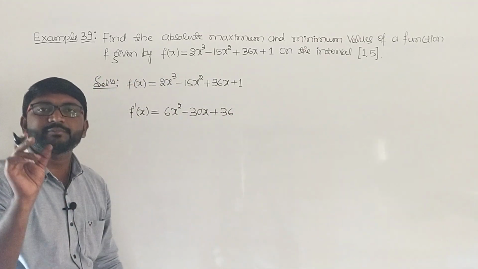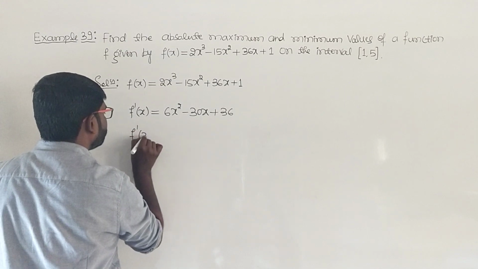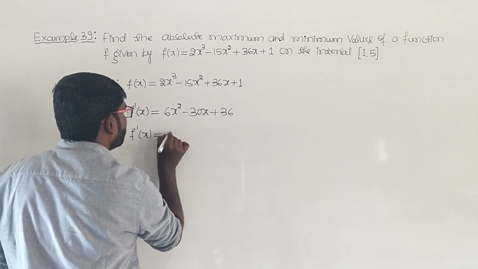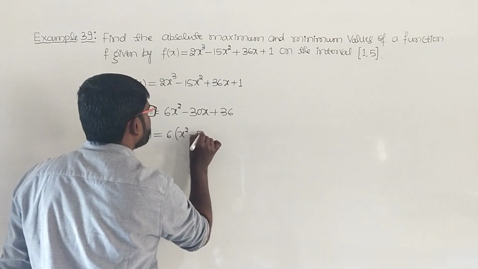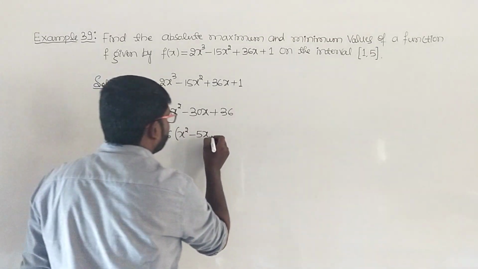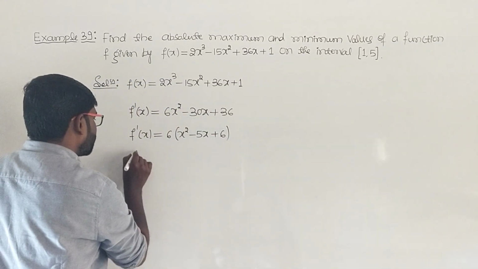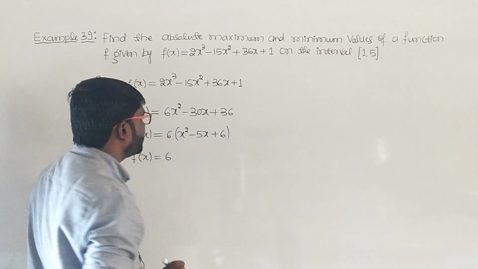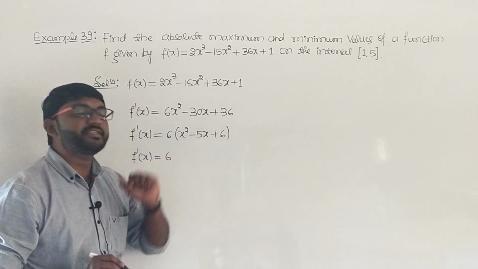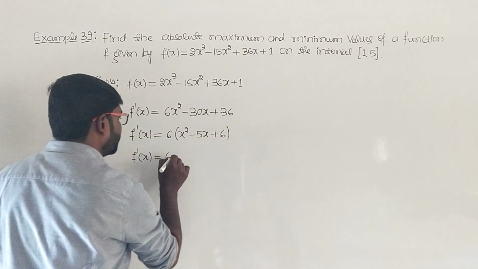In all three terms we can take 6 common. f dash of x equals 6 times x square minus 5x plus 6, which can be written as x minus 2 into x minus 3.